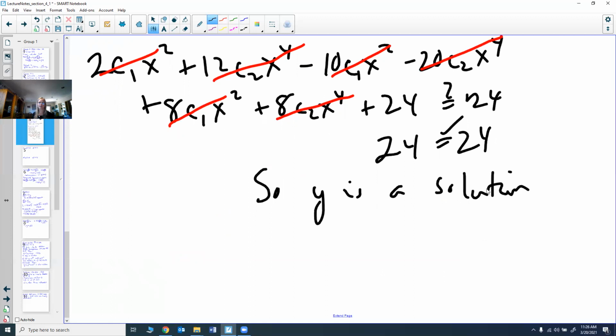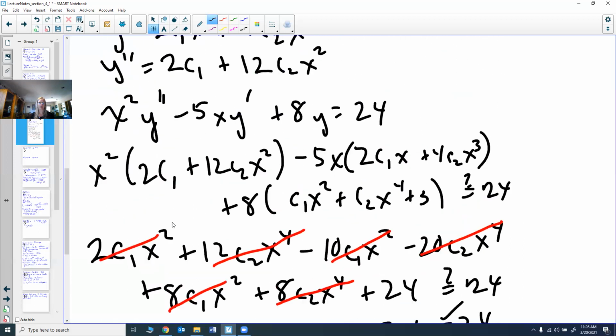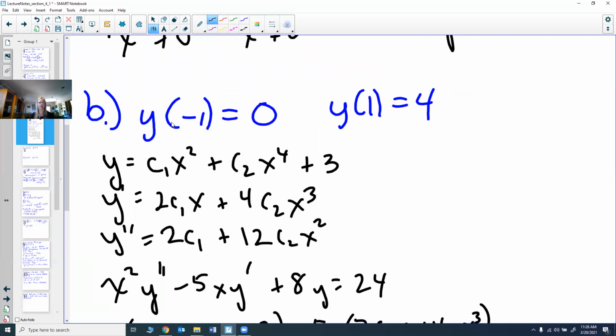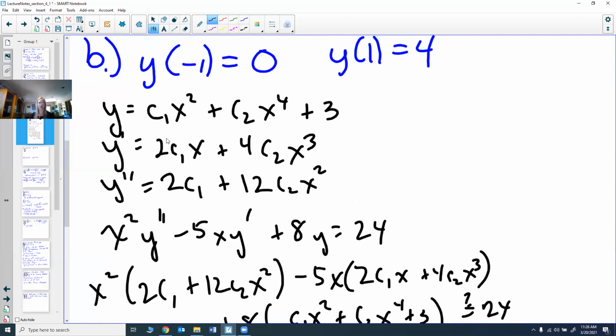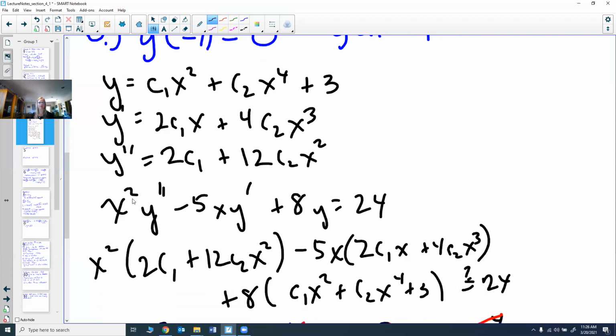Now the question is, is there a unique solution? So now what we must do is look at what our boundary conditions are. Remember, our boundary conditions in this case were y of -1 equals 0 and y of 1 equals 4. So we are using the y equation, not the y prime or y double prime, just the y equation. You're going to stick -1 in for x, and then 1 in for x.